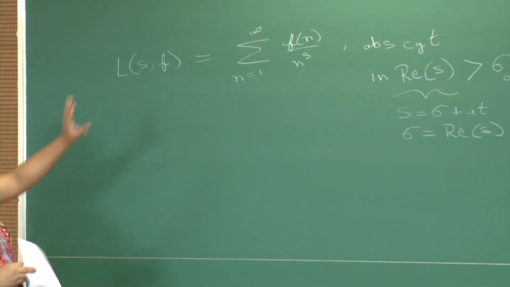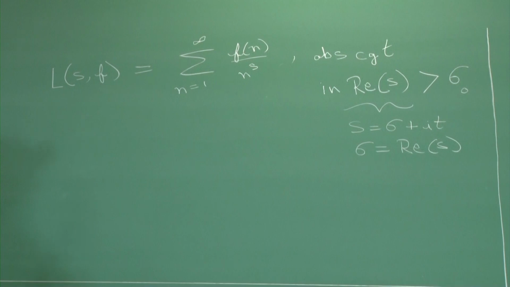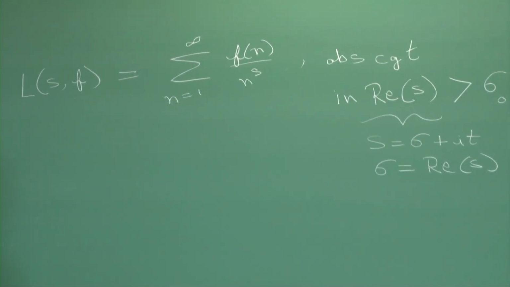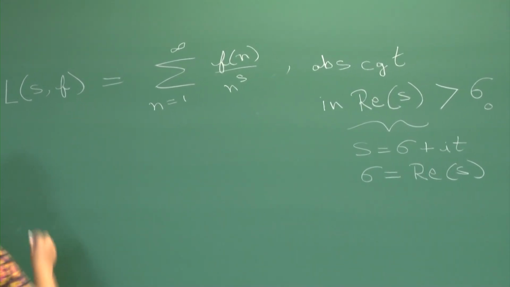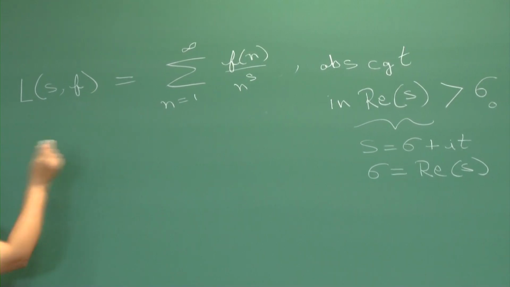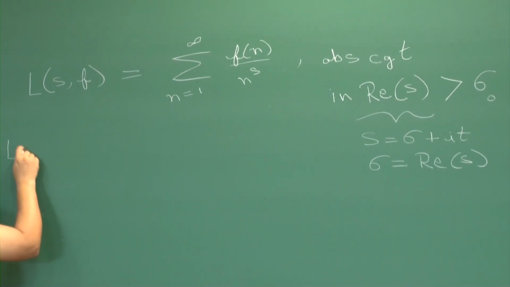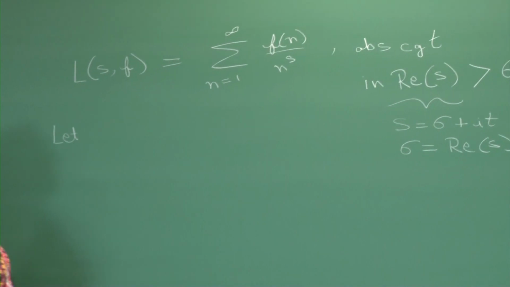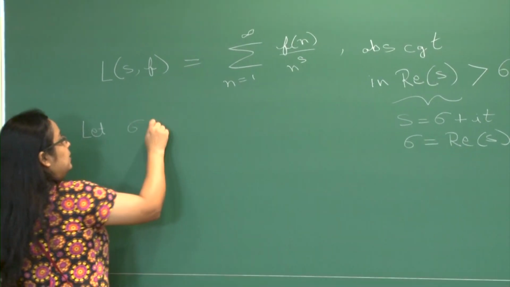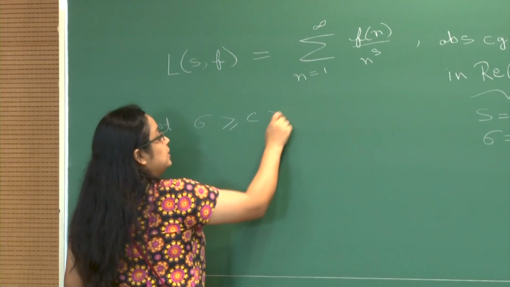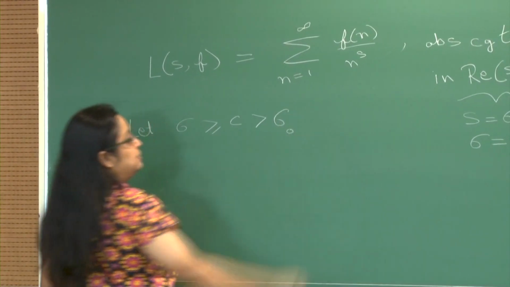But just by virtue of absolute convergence, we can say a lot of interesting things about these series. So, let me briefly review something that we mentioned last time. Let us take some c which is greater than sigma 0.